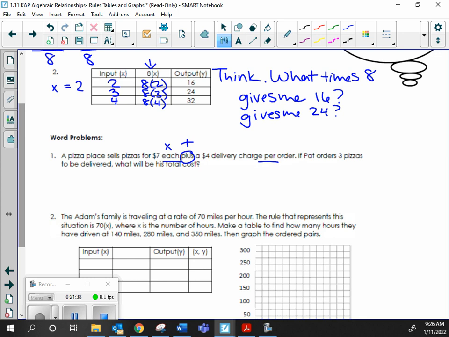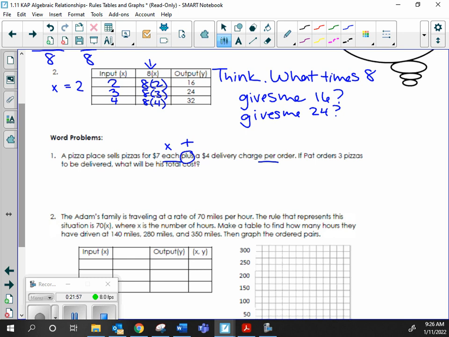What I do want to point out is, so you're ordering a pizza, and pretend it's Friday night, you're having some friends over, your mom calls up the pizza place, and they're ordering pizza. We know that there's the $7 for each pizza plus the delivery charge. Are they going to charge that delivery charge more than one time?